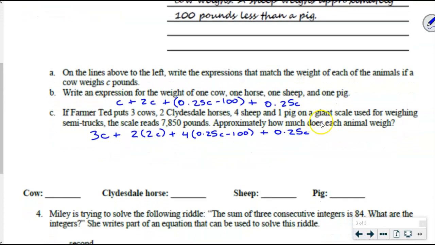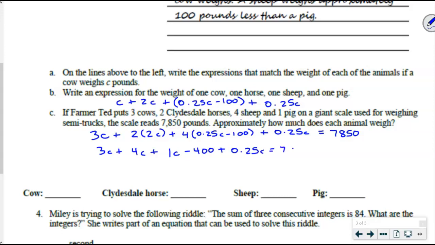Now we got to go a step further and say all of those weights is equal to the 7,850 pounds that the scale says. Then we can simplify. 3c plus 2 groups of 2c is 4c, plus 4 groups of 0.25c minus 100 is 1c minus 400, plus 0.25c.